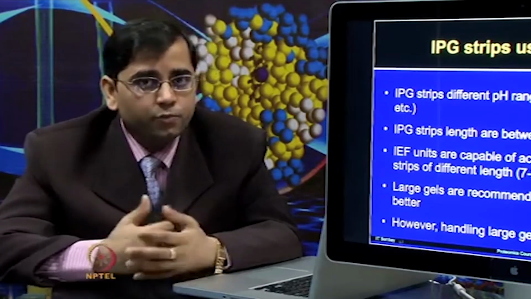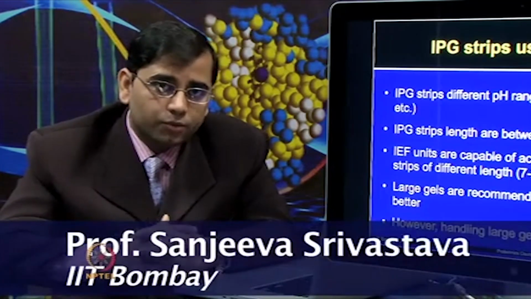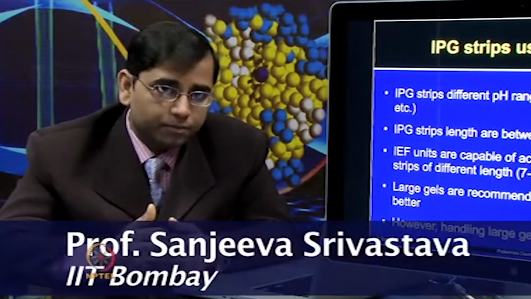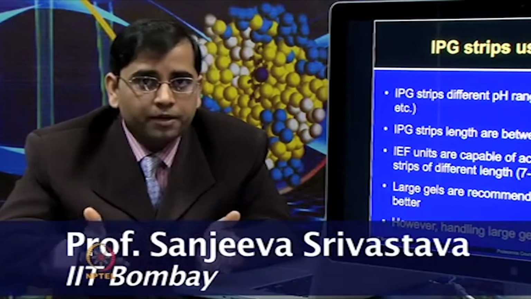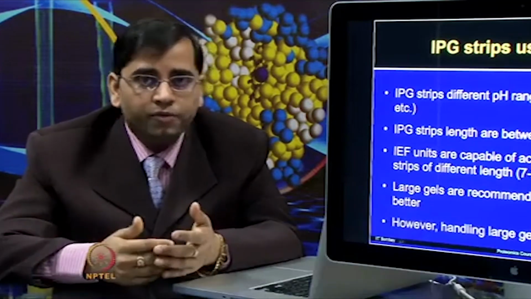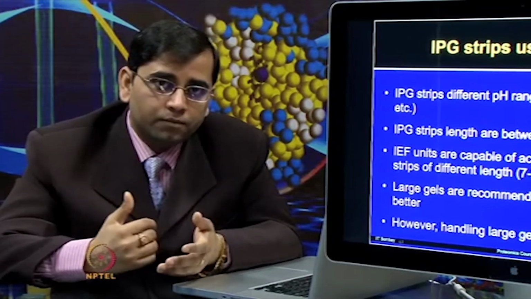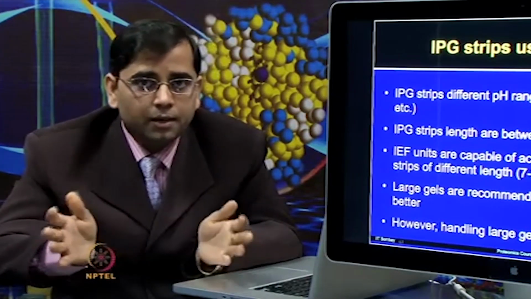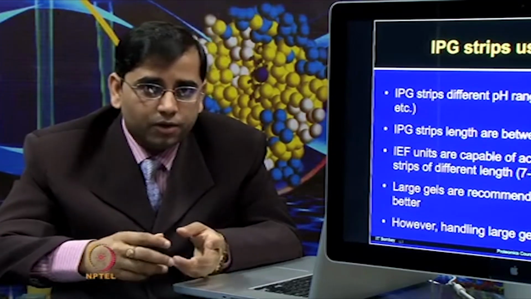But if you do not have enough protein to separate, then you have to restrict yourself to smaller strips. Or one can still go with a large strip but apply a more sensitive stain. When we talk about different staining methods, we will see that even if you have low protein, you can separate on large gels, but then apply a more sensitive stain such as silver or SYPRO Ruby.